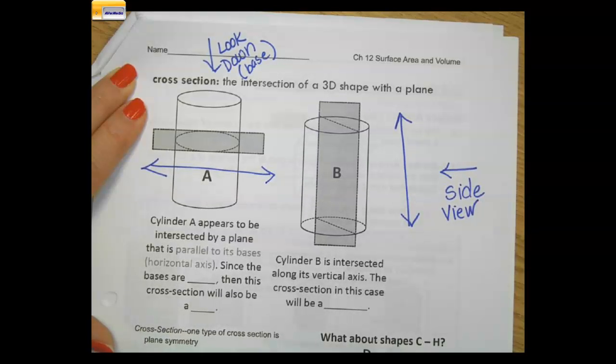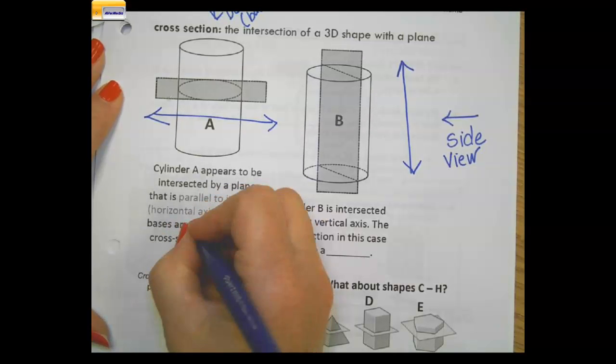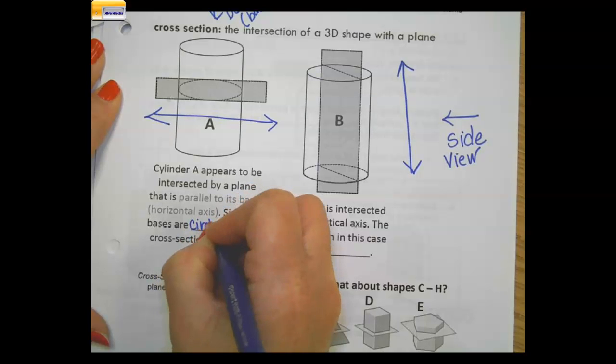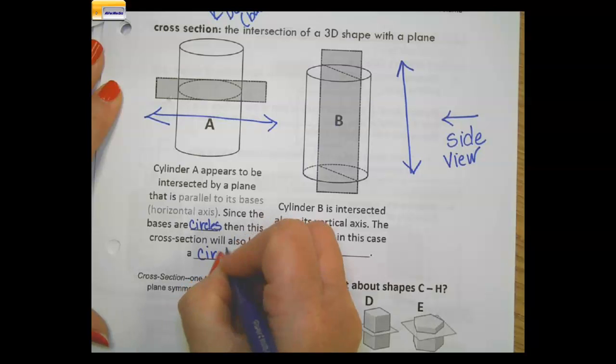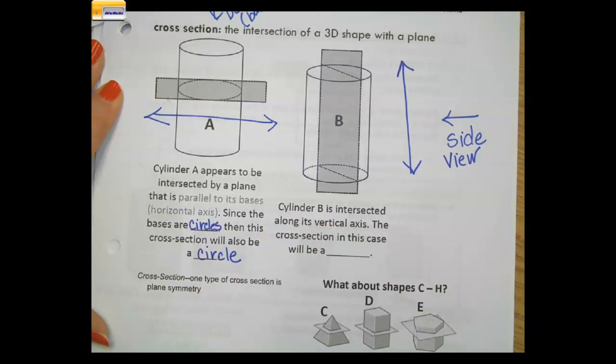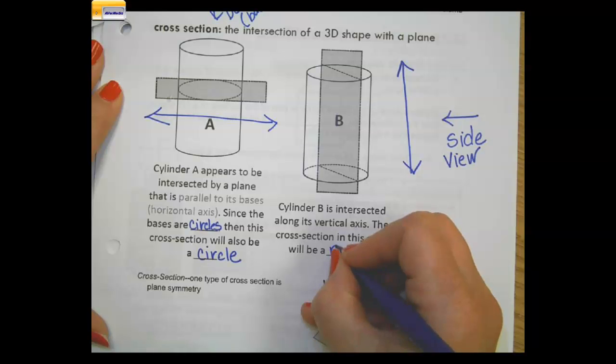Cylinder A appears to be intersected by a plane that is parallel to its base. So it's a horizontal slice. Since the bases are circles, then the cross section would also be a circle. This is intersected along a vertical axis. The cross section in this case would be a rectangle.